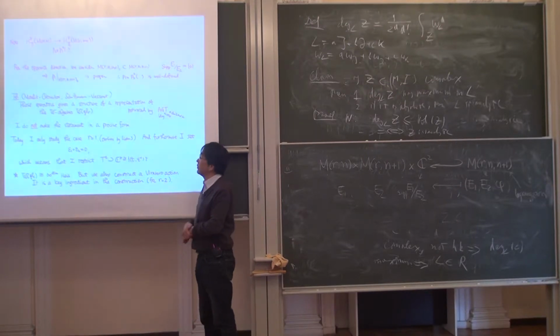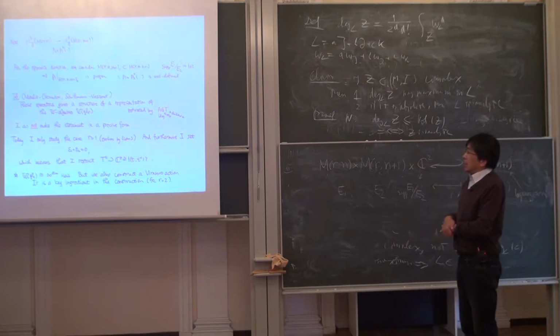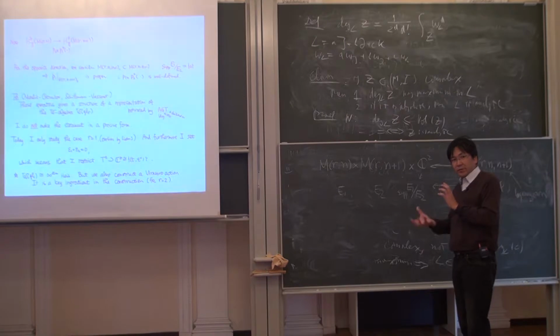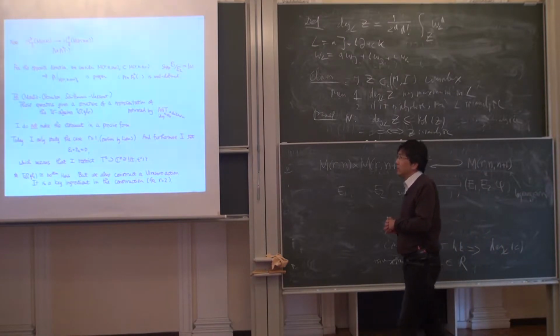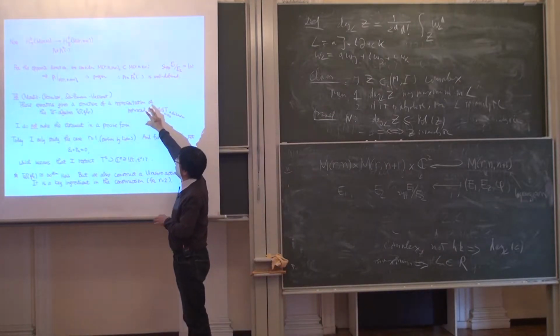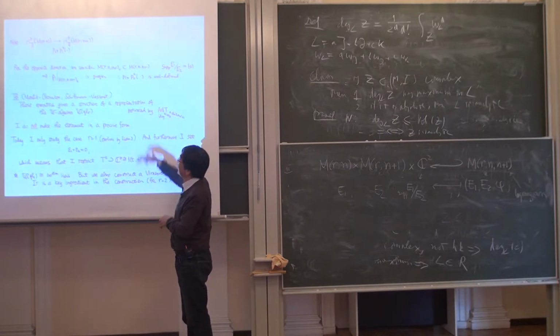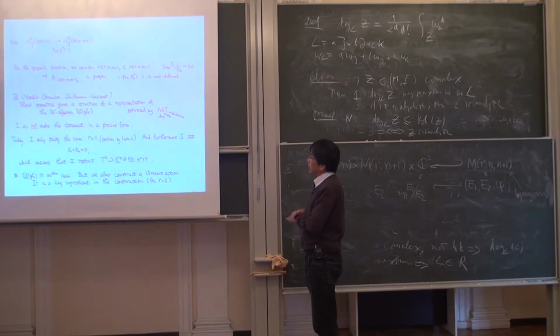It's usually called the AGT conjecture. The AGT conjecture gives a dictionary between four-dimensional gauge theory and two-dimensional conformal field theory, and this result is just the tip of the iceberg in the AGT conjecture.